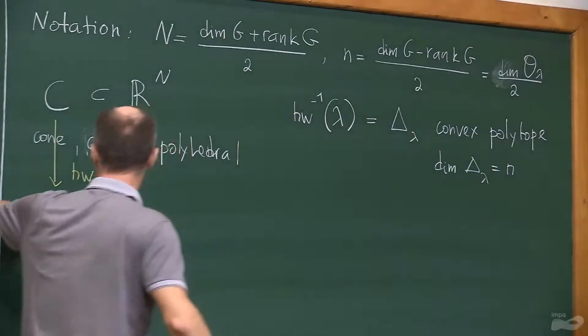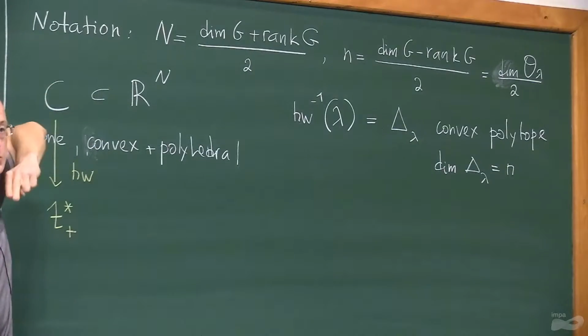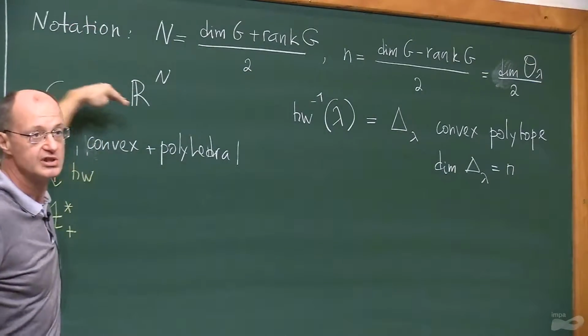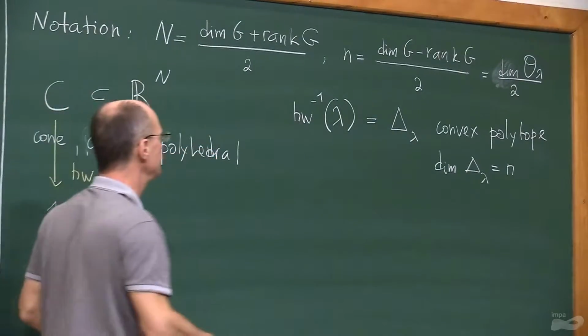This map has rank equal to the rank of the group. So the preimage is a hyperplane. It intersects the cone inside Rn and cuts a polytope in there.